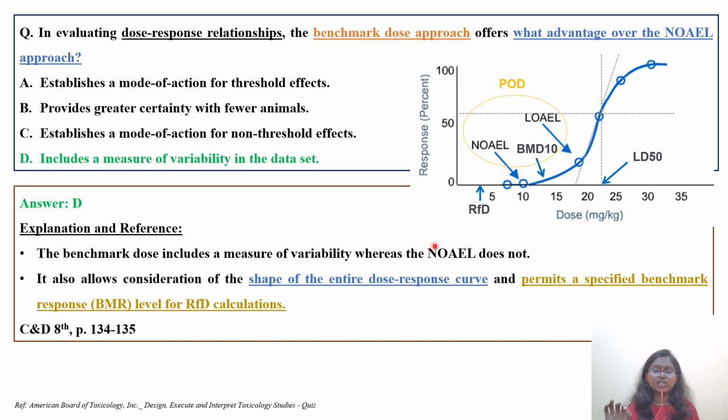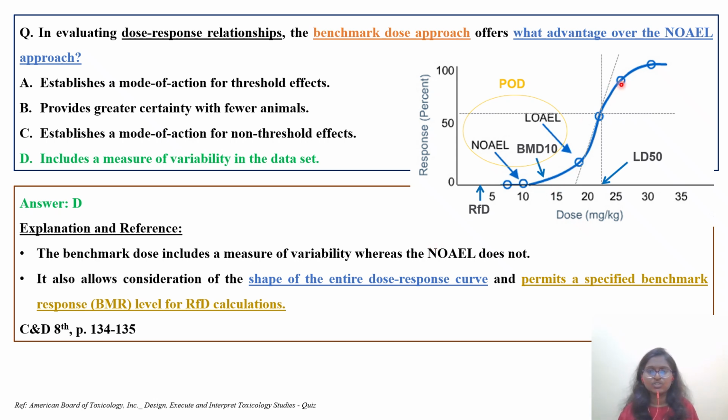For example, in a traditional NOAEL method study, you have a control at 0, and a low dose, mid dose and high dose, for example 50, 100 and 500. You are able to study the effects only at these three points. But with the BMD approach, you are able to study at every data point on the dose response curve.